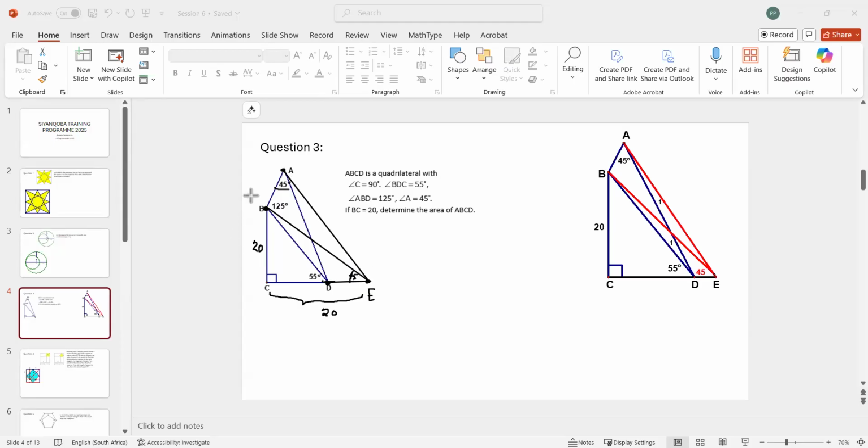So this quadrilateral BAED is cyclic because one of the sides subtends equal angles at the remaining 2 points.